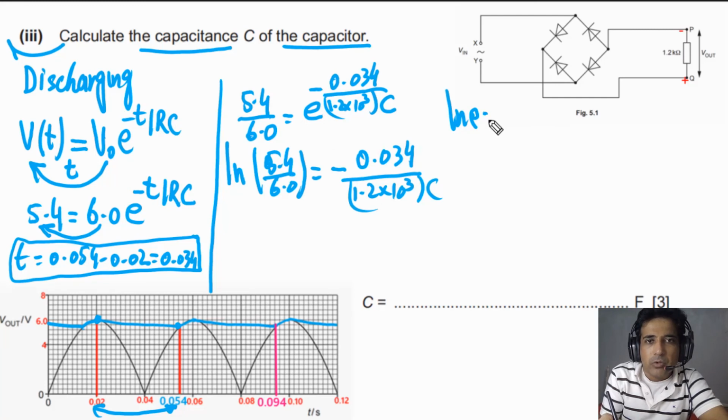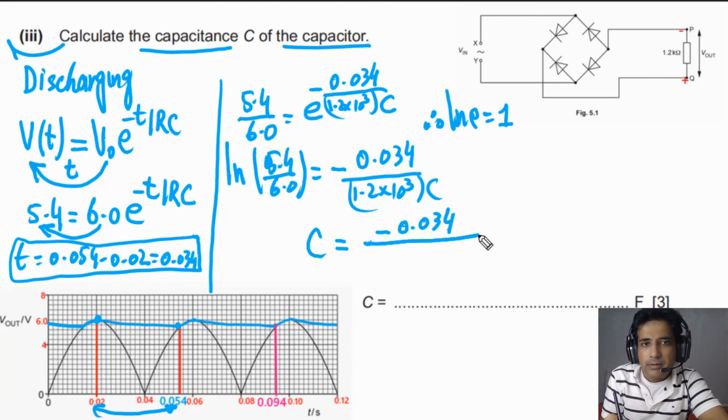Now we need to find the value of C, so we can simply write C will be equal to minus 0.034 divided by 1.2 times 10 to the 3 times ln.